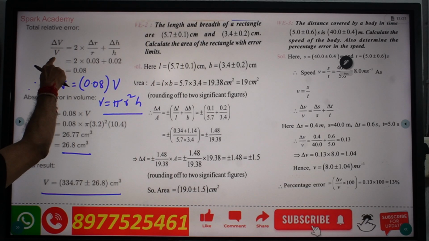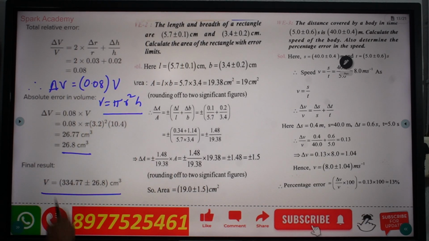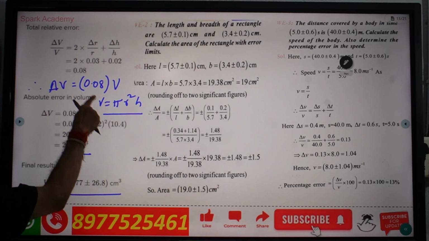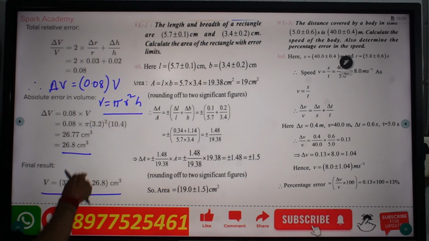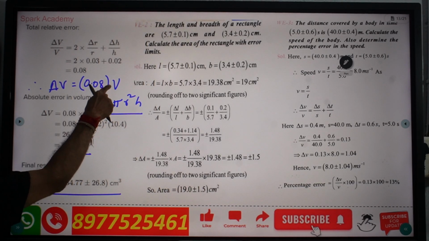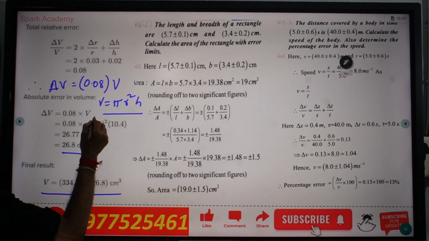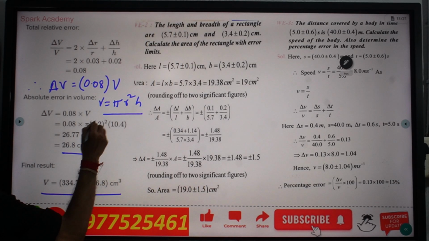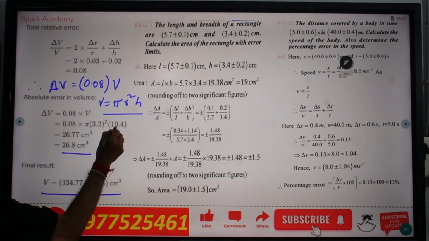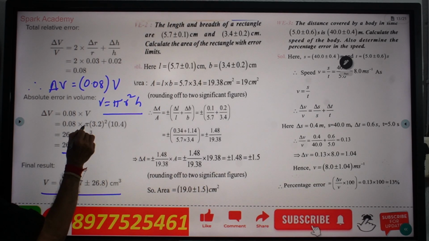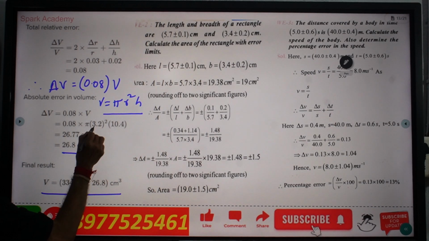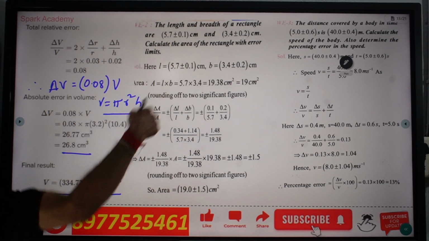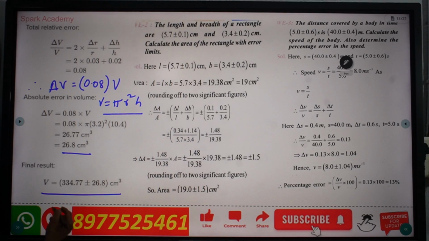So del V will be equal to this value into V. Already this value we got, 0.377. So you substitute the V value, which is nothing but pi r square H. Here they have used the formula pi into r square, R is 3.2 whole square, into H. H is nothing but 10.4, given in the previous slide.